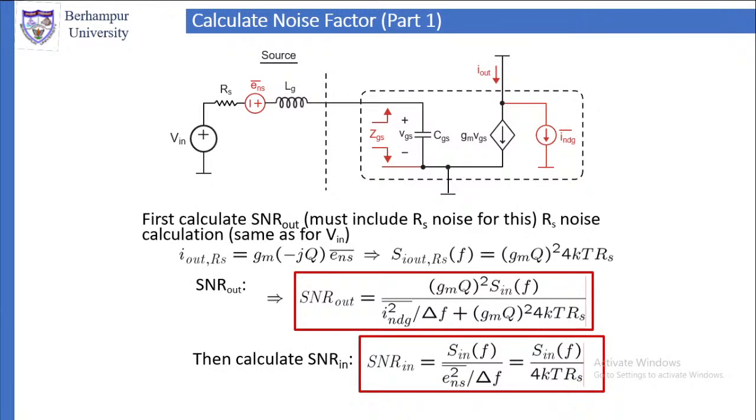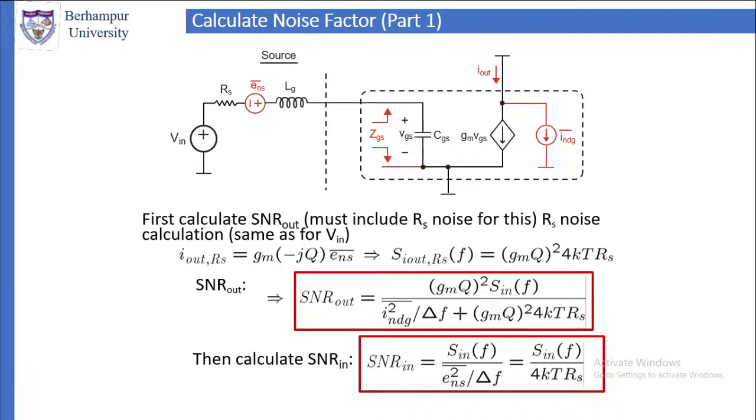Now let us calculate the noise factor. For the first part of calculating the noise factor, with the same circuit with RS, we are adding LG. First we will calculate SNR output, which must include the RS noise for the circuit. So we have to have the noise. The RS noise calculation is the same as that for V in.